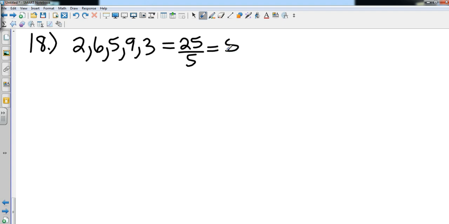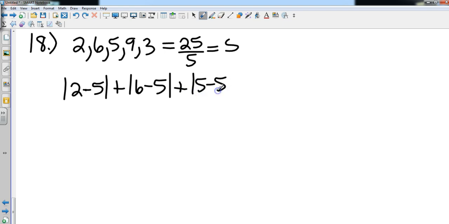So if I'm finding mean absolute deviation, that's going to be 2 minus 5, 6 minus 5, 5 minus 5, 9 minus 5, and 3 minus 5. Those are all absolute values.